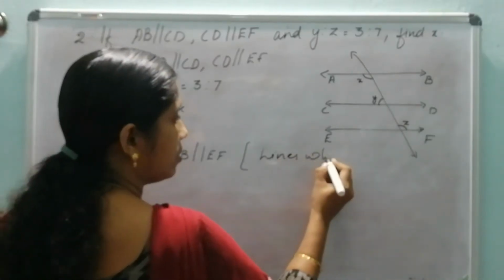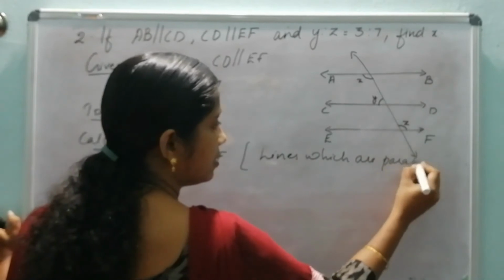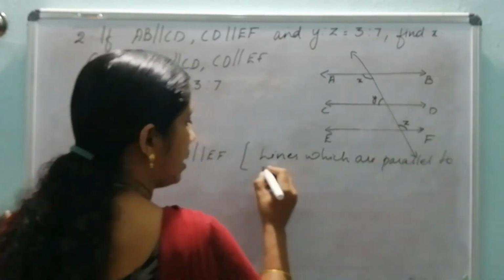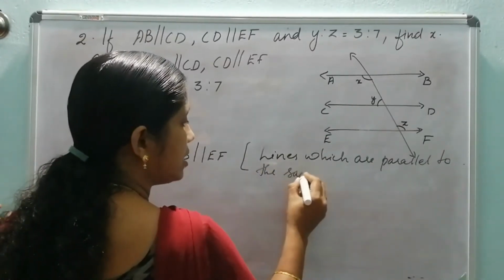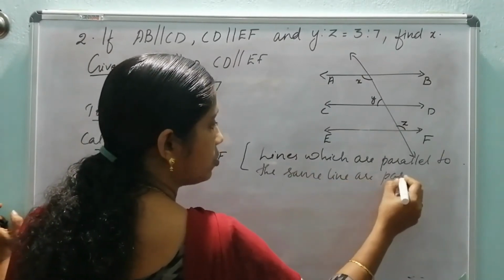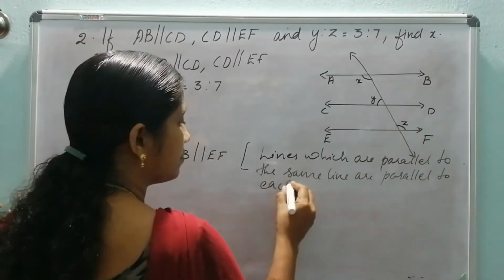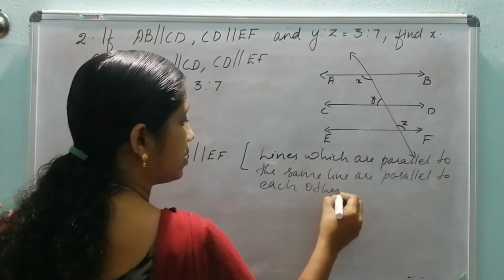Lines which are parallel to the same line are parallel to each other. That is the reason.